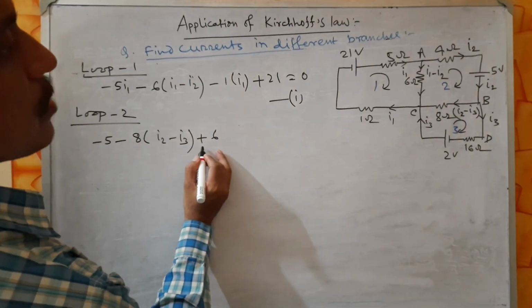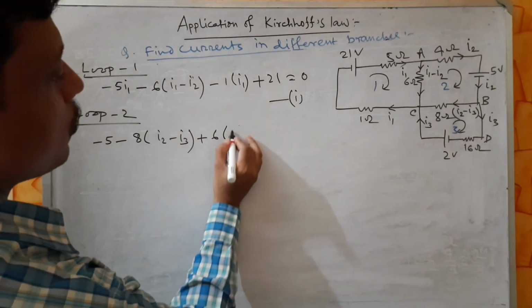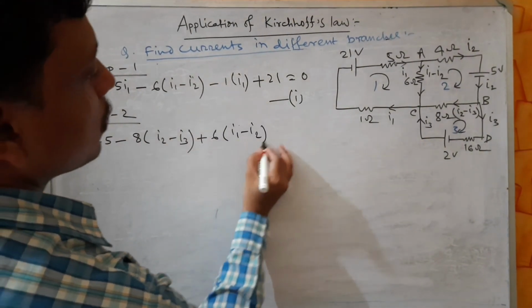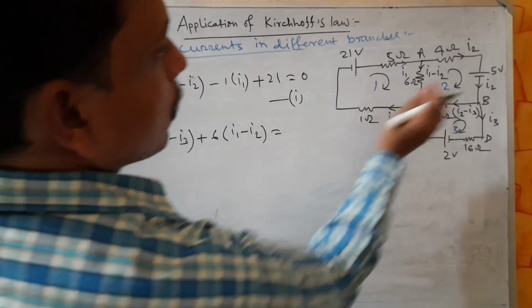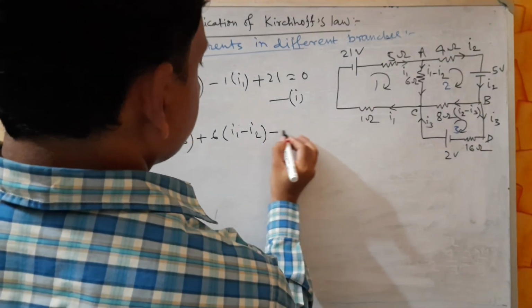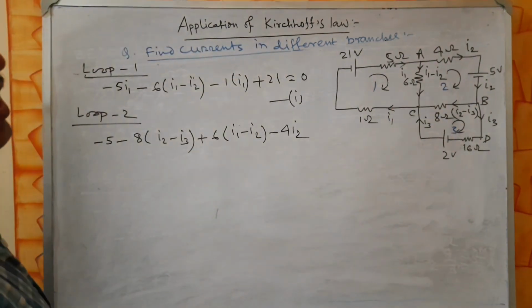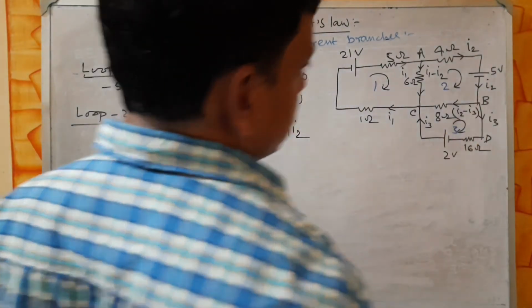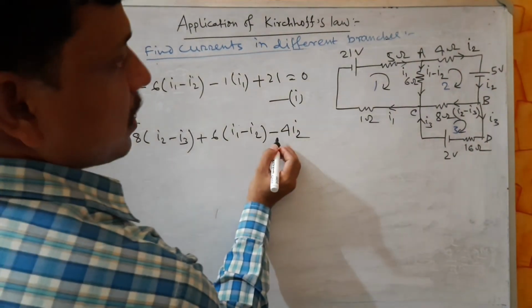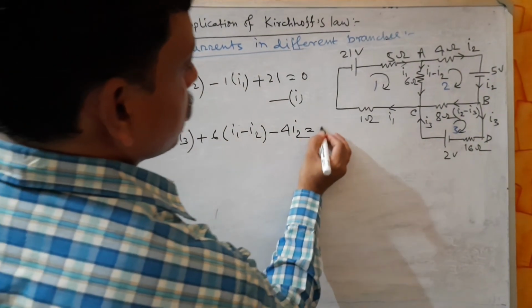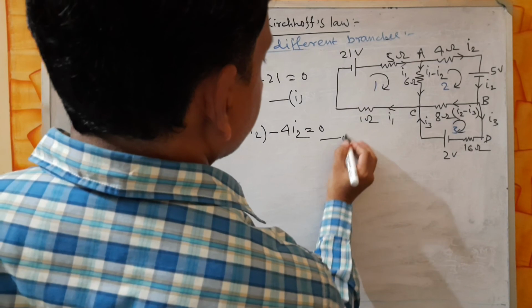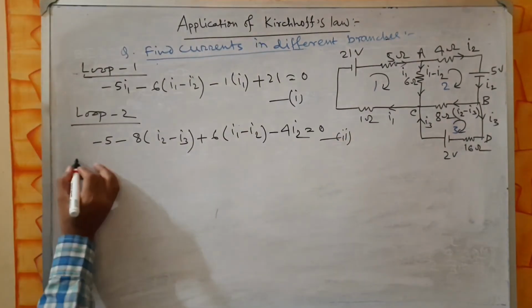So the sign is plus 6 into I1 minus I2, and minus 4 I2, because the mesh direction and current direction are the same, so the minus sign. Minus 4 I2 is equal to 0. This is equation 2.